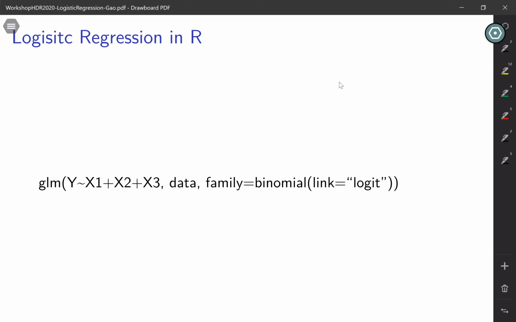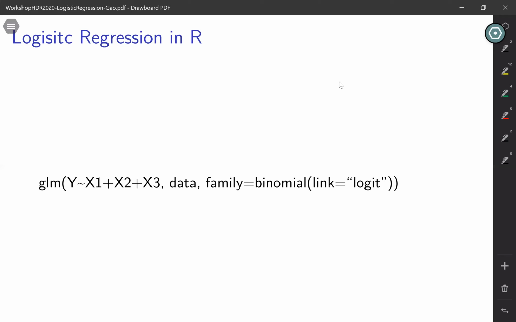So logistic regression is just one type of generalized linear regression model, okay? If you take advanced statistics, you may see there are a lot of other generalized linear regression models. Generalized linear regression models are based on ordinary regression models to predict nonlinear relationships, okay?